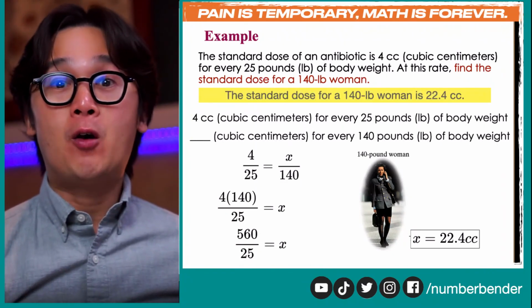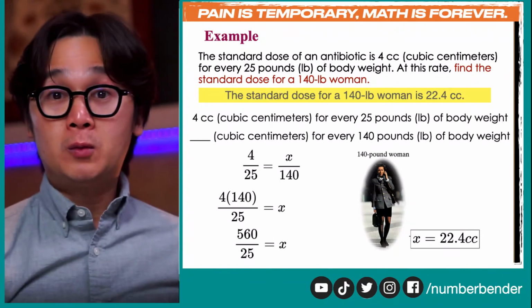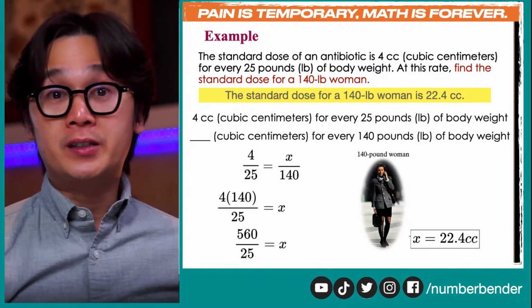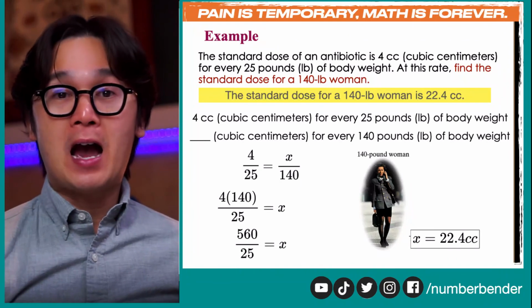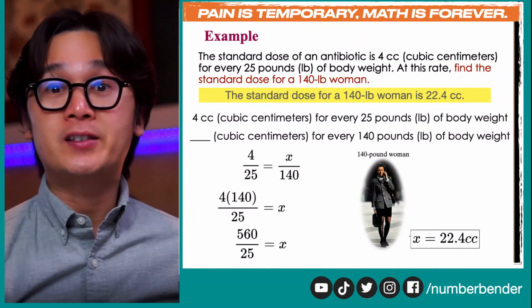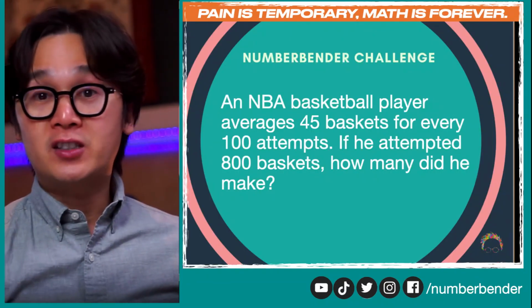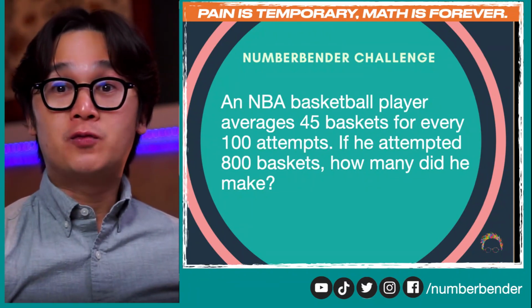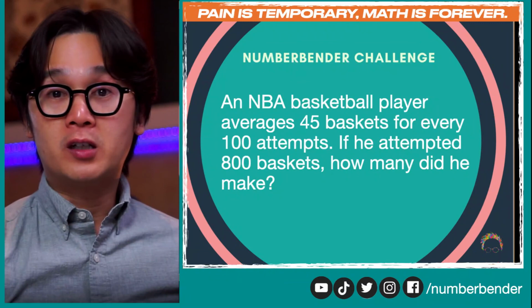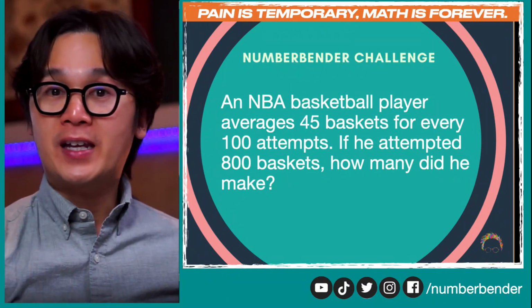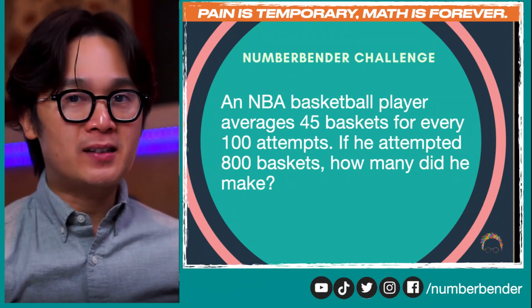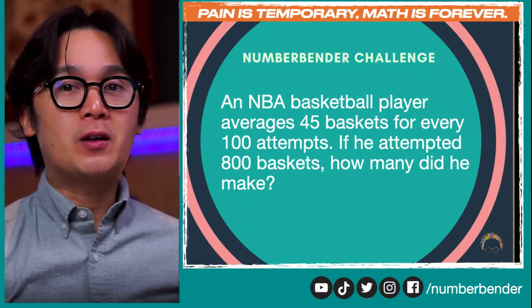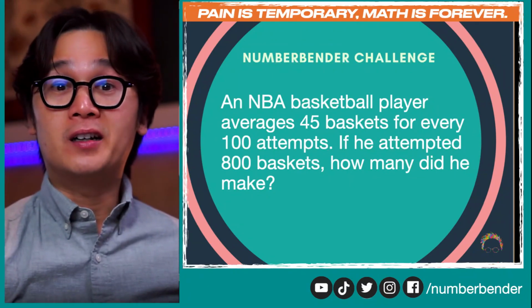So that is how we complete our word problem involving the properties of proportion and how we use notations correctly. So for your Numberbender challenge for the day: an NBA basketball player averages 45 baskets for every 100 attempts. Now, if he attempted 800 baskets, how many do you think he will make in this particular problem?